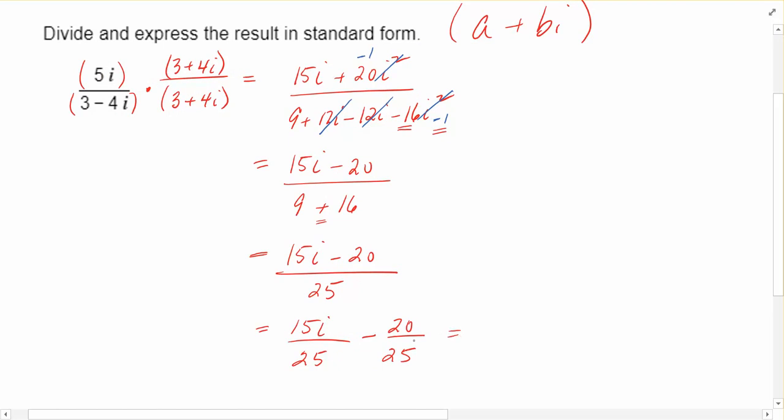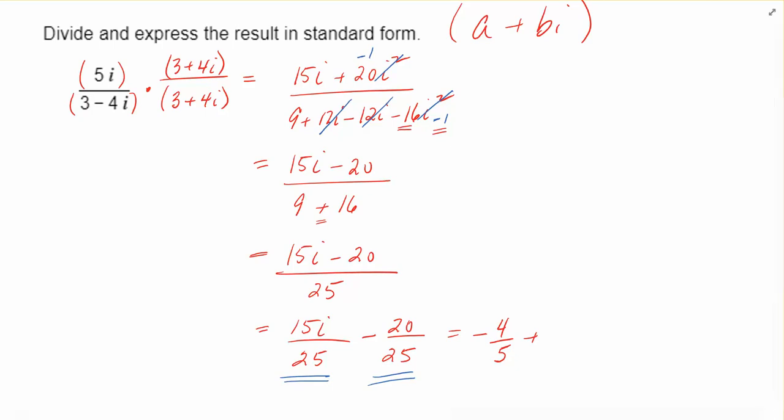So simplifying that further, I'm going to reduce my fractions here. And I'm going to go ahead and pull my real part. That's going to be this number here. That's the real portion of this. It's going to come first. So I'm going to write this as negative 4/5 when I reduce top and bottom by 5. So negative 4/5 plus, because the imaginary component fraction right here is a positive 15 over 25.